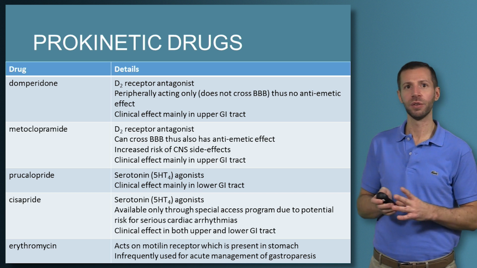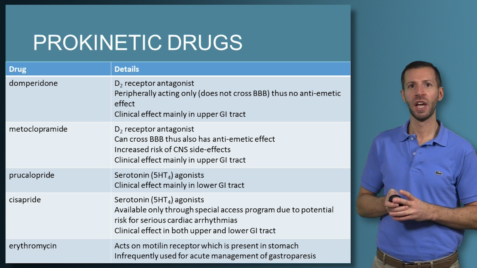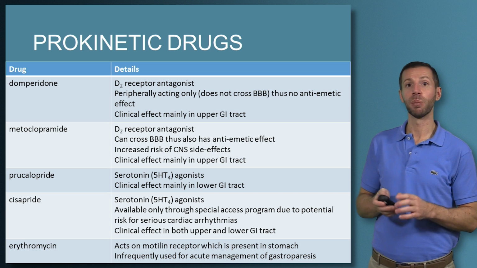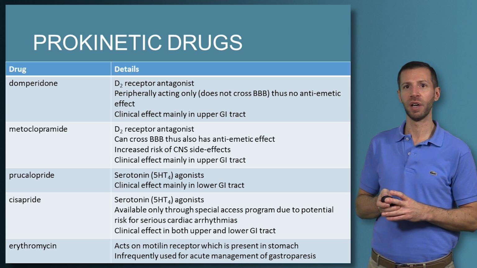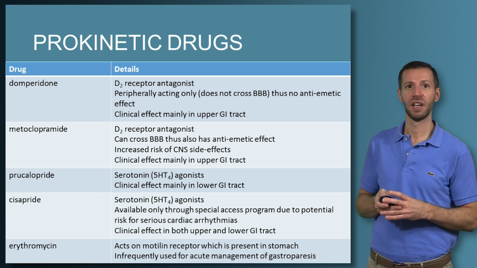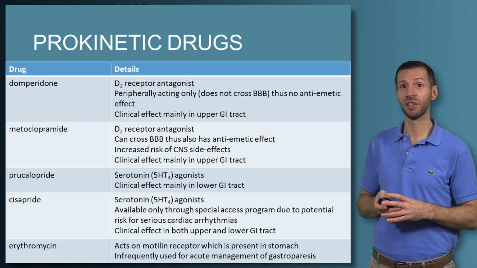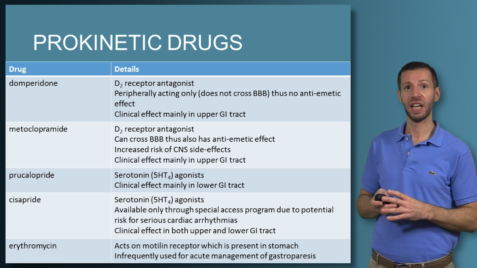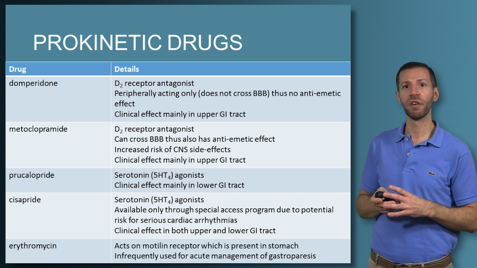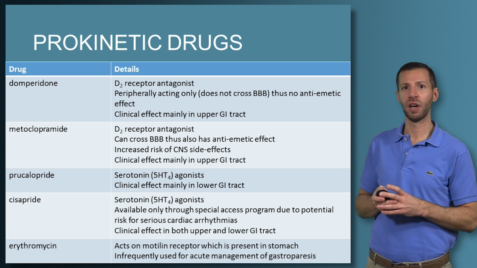So domperidone is relatively commonly used and acts as a dopamine 2 receptor antagonist, but it acts only peripherally. It does not cross the blood-brain barrier and thus has very little antiemetic effect. Its clinical effect is mainly in the upper gastrointestinal tract. Metoclopramide, as I mentioned, is also a prokinetic agent with dopamine 2 receptor antagonist properties, but it can cross the blood-brain barrier and thus has more of an antiemetic effect than domperidone.